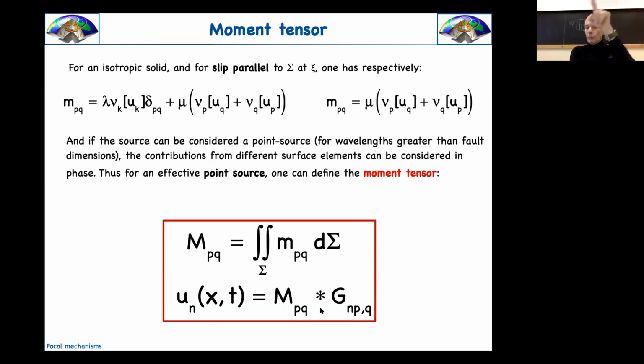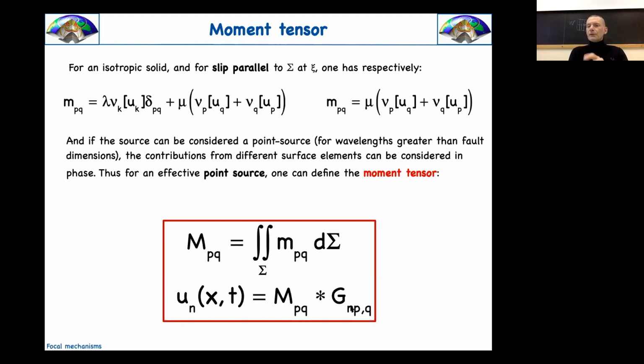Then we have the 6 independent elements that we can diagonalize. And if we diagonalize it, we are left just with plus M0 and minus M0. And M0 is the scalar moment, rigidity modulus times the area of the rupture times the average slip, convolved by the spatial derivative of the Green's function.